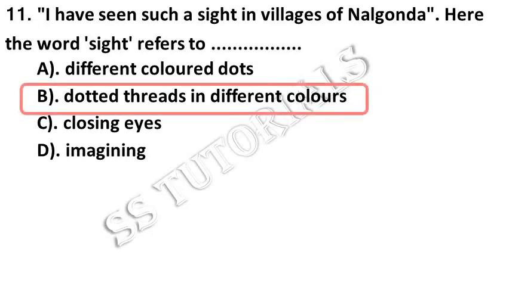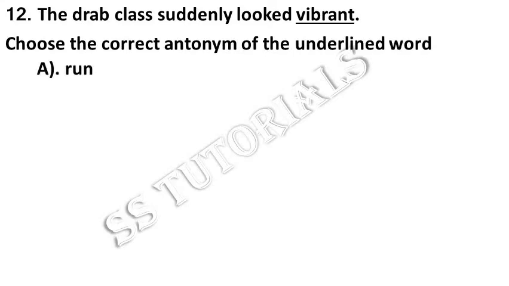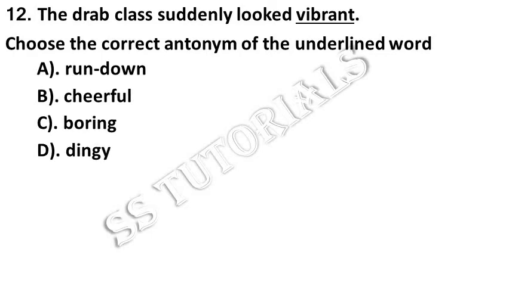Answer: dotted threads in different colors. The drab class suddenly looked vibrant. Choose the correct antonym of the underlined word. Answer: cheerful.